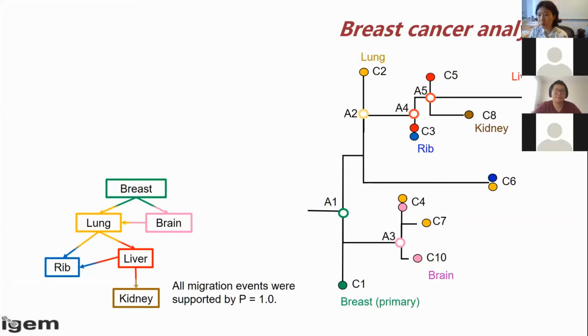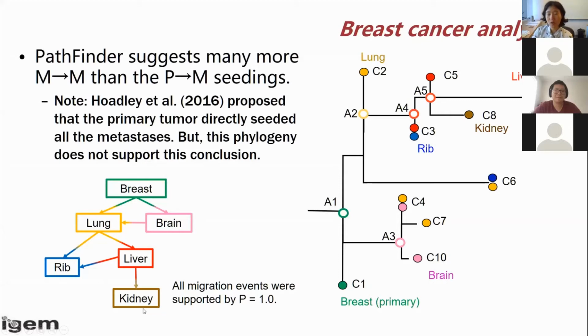Similarly, A4 and A5 clones were predicted to be in liver, and many clones in this section of the phylogeny were found in liver, so we can think these ancestral clones were also found in liver. From this prediction, we can find liver to kidney metastasis. This is shown here in this plot. This result was very different from the original study, where they proposed all metastatic tumors were seeded from the primary tumor.